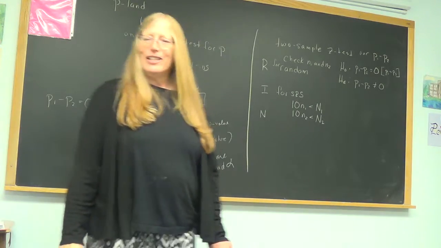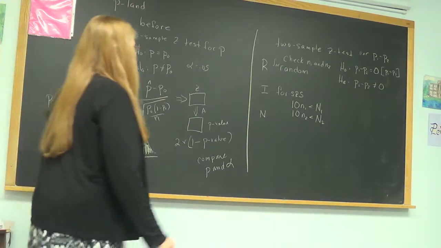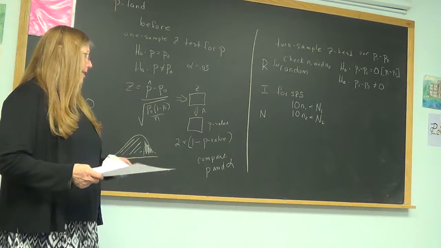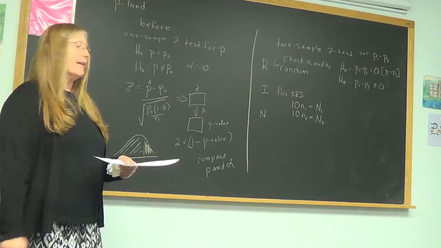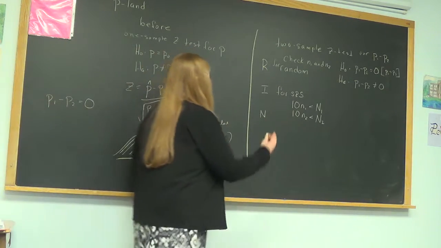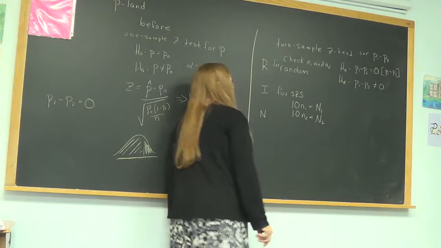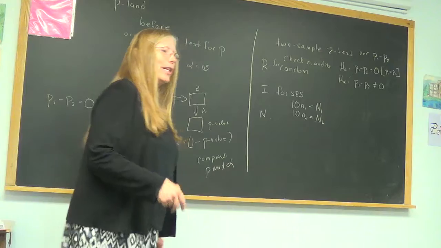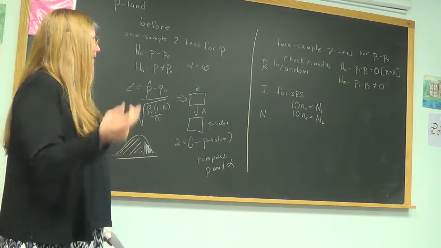Nothing really different there from yesterday. If it's not an SRS, you have to use your brain and analyze the situation to make sure independence is indicated. It's almost always an SRS, but sometimes it's an experiment. You might ask, does drinking coffee for the first guy affect the second guy? That kind of thinking.